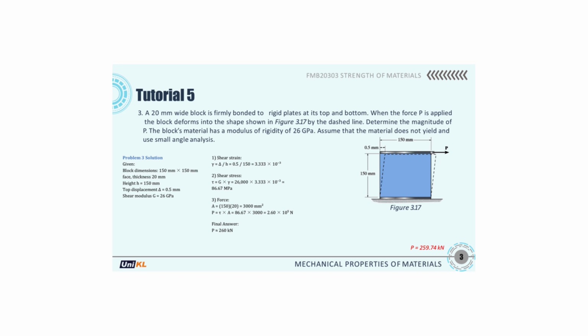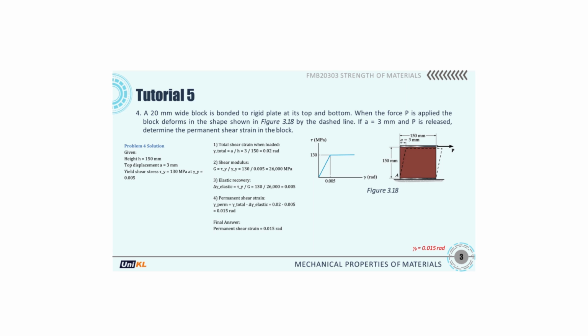Informally, super tiny thinning, microscope territory. Tutorial 5, Problem 4, permanent shear strain. Given a equals 3 mm at H equals 150 mm, so γ_total equals 0.02. τ_Y equals 130 megapascals at γ_Y equals 0.005, so G approximately equals 26 gigapascals.